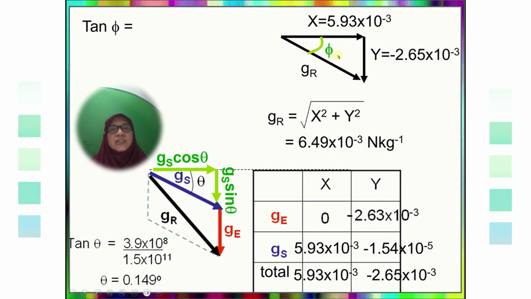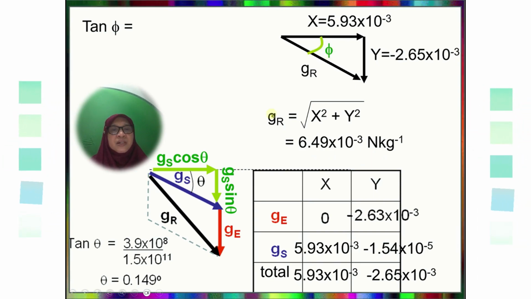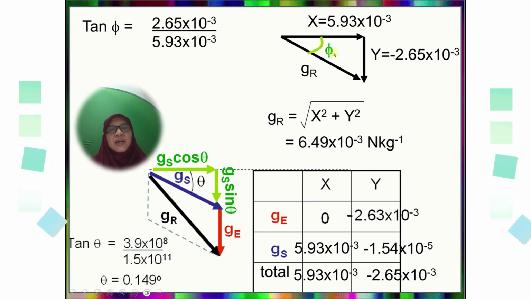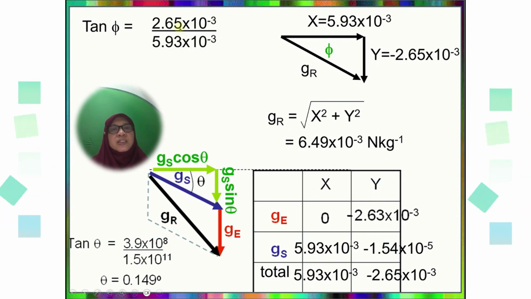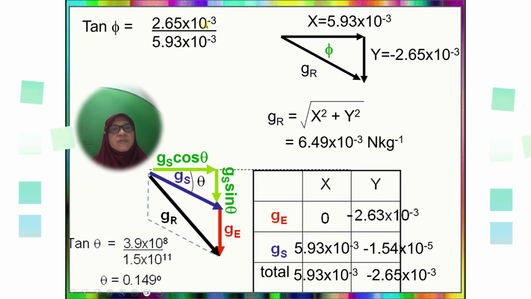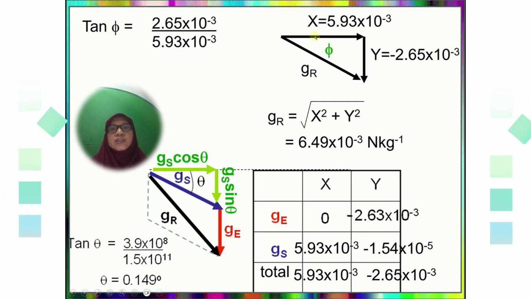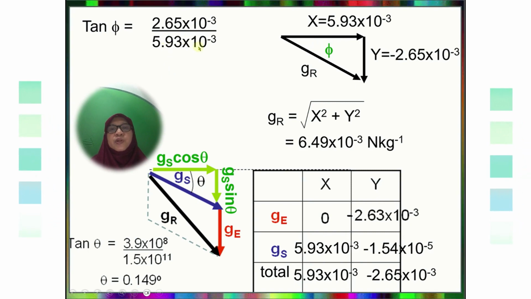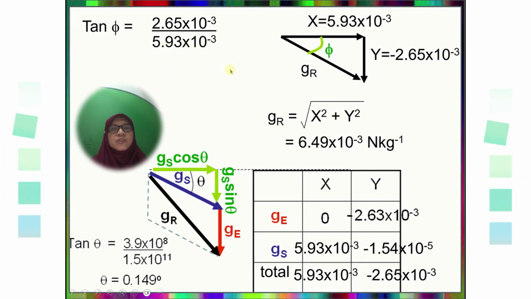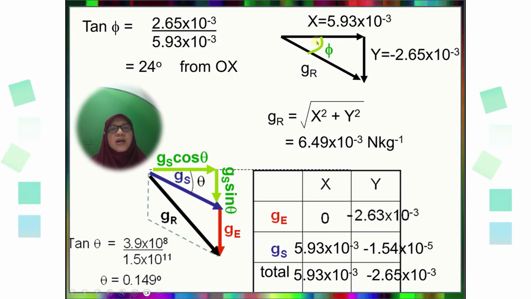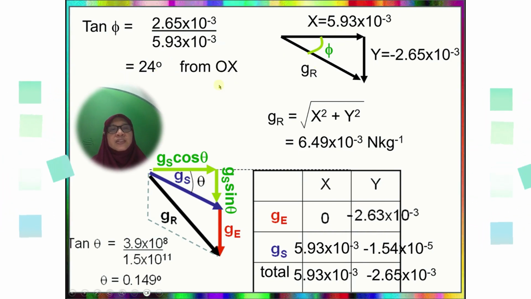We name this angle phi, because just now we used theta, so we use a different symbol. Opposite is 2.65 times 10 to the power of negative 3, divided by adjacent, 5.93 times 10 to the power of negative 3. So phi is 24 degrees, measured from the x-axis.